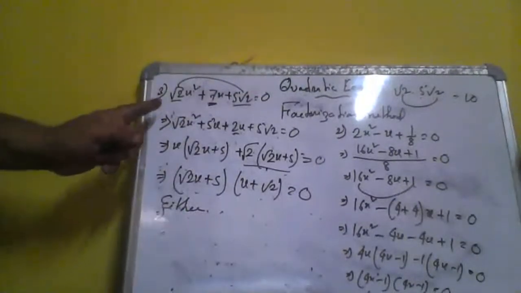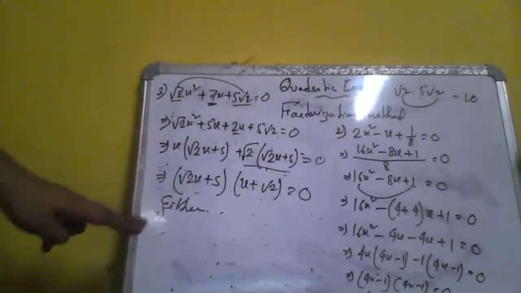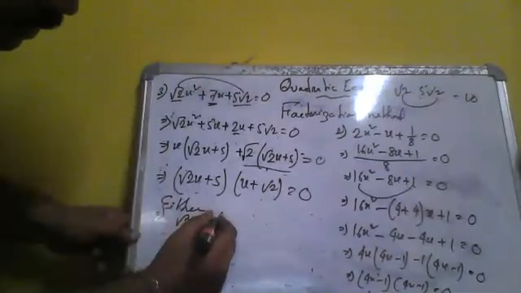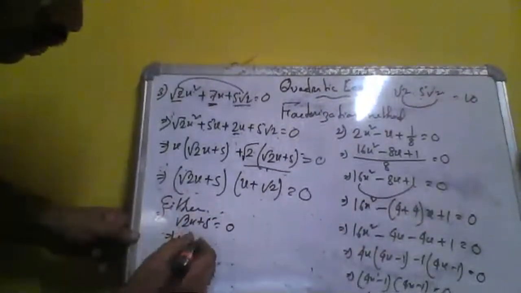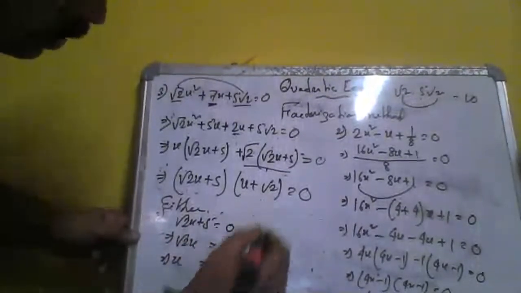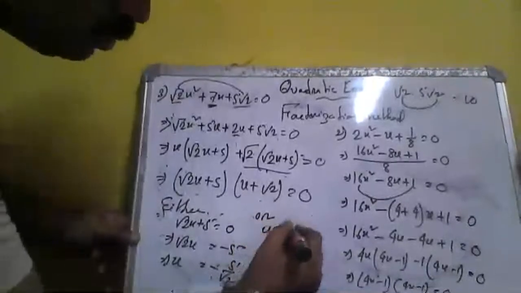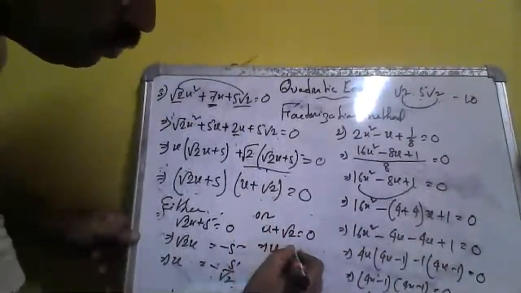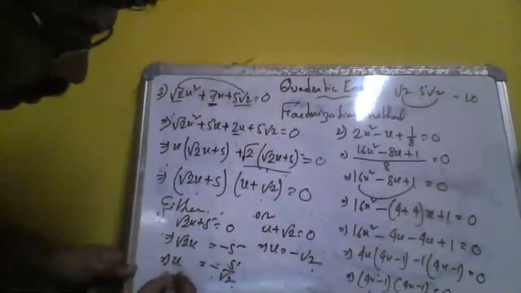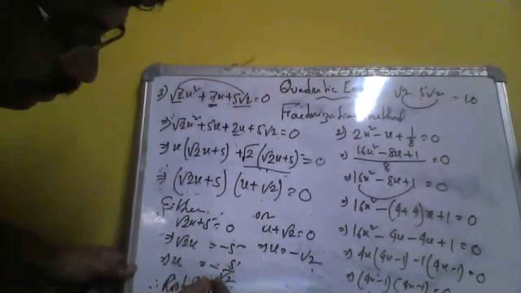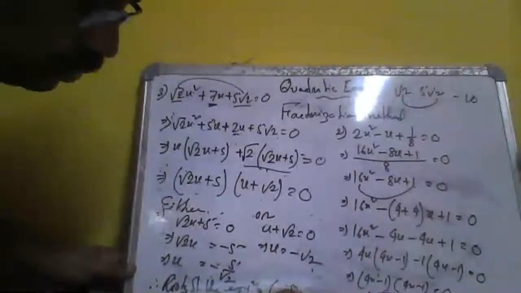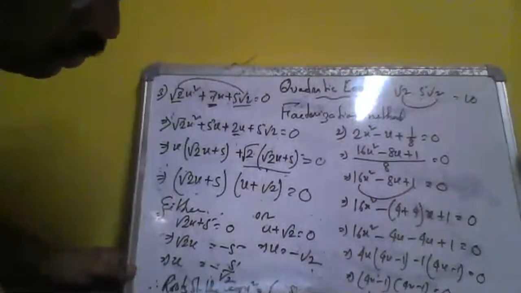Okay. In question number 3, now one equation is what? Root 2x plus 5 equal to 0. That means root 2x equal to minus 5, means x equal to minus 5 by root 2, or x plus root 2 equal to 0. That means x equal to minus root 2. The roots of the equation are minus 5 by root 2 and minus root 2.